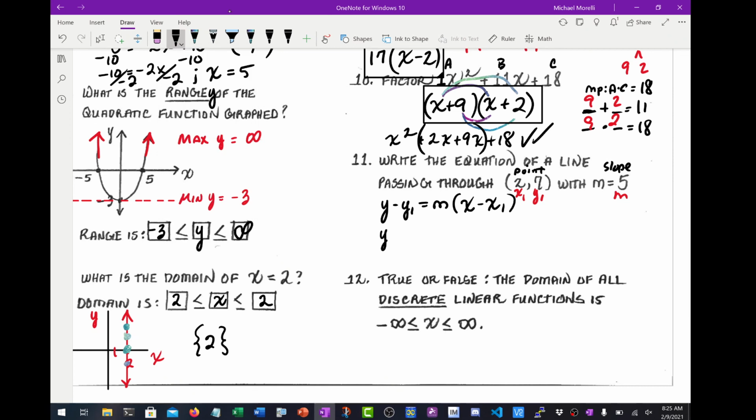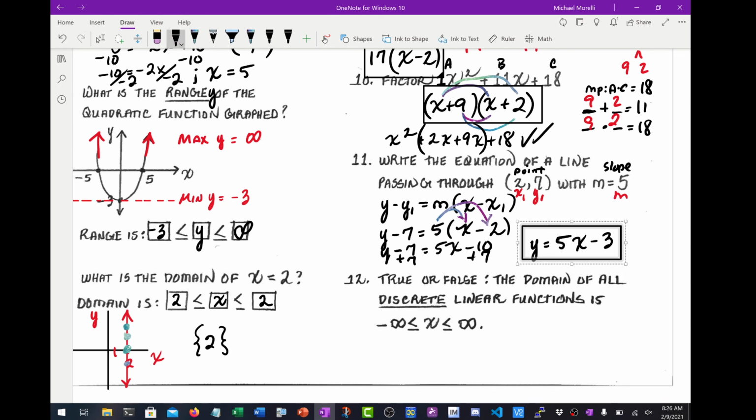So it's y minus y1, which is 7, equals m, which is 5, open parentheses, x minus 2, which is x1. Now you're just going to distribute the 5, and you'll have y minus 7 equals 5x minus 10, and then you'll just add 7 to both sides, which will give you y equals 5x minus 3. Okay, so that's the equation. That's the answer.